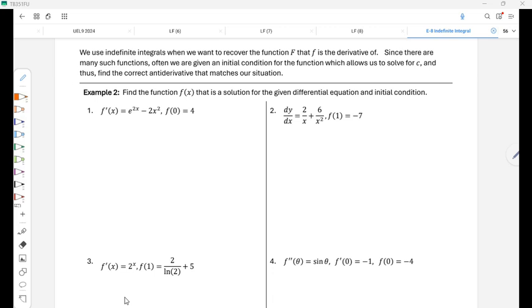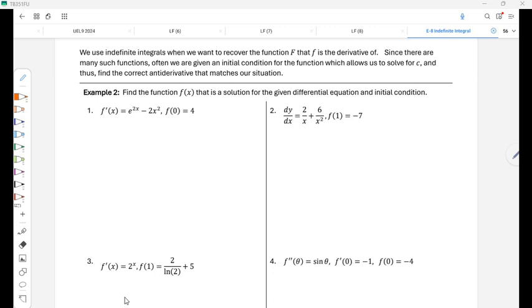So we need 2 pieces: the antiderivative, and a piece of information about the function, so I need that function's value somewhere on it. Once I have that, I can plug in and solve for C. That's really the only new thing today. We're going to use this last piece of information to solve for C.